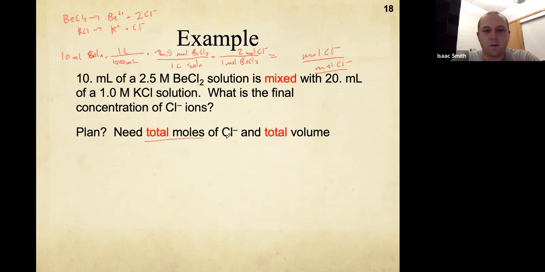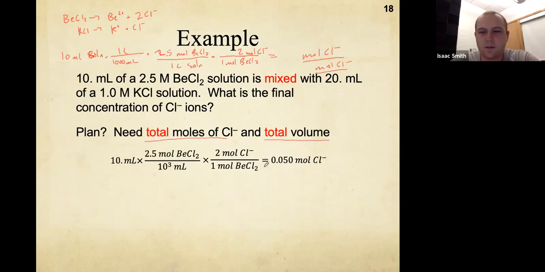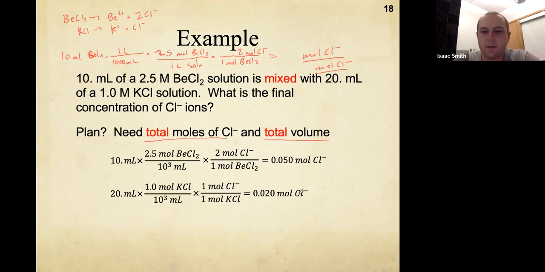Again, we need the total moles of chloride and the total volume. So that's what's happening here. We're doing volume times molarity and then converting from moles of beryllium chloride to moles of chloride. Do the same thing with the KCl and we get total moles of chloride from the KCl. If you add those two together, our total moles of chloride ions in solution is 0.070.